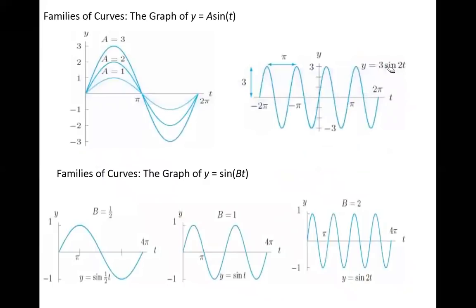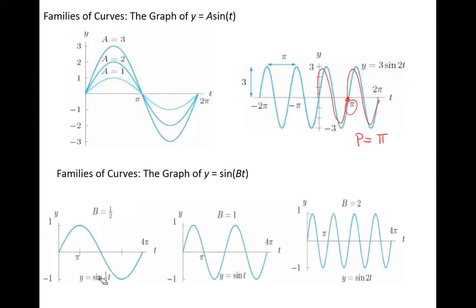That means the period will change. We can see we have sine of 2t. This means that from 0 to 2 pi, I have to squeeze 2 sine curves, 1 and 2, okay? Of course I divide my 2 pi interval by 2. It's pi, it's the period. Period is pi. And the amplitude is 3.